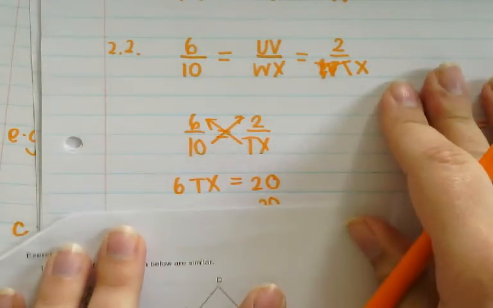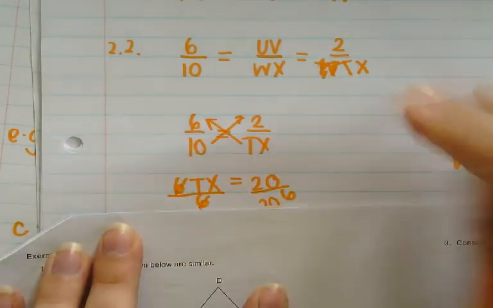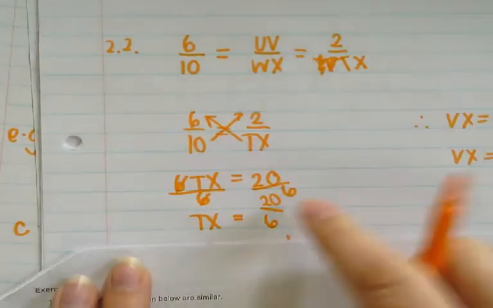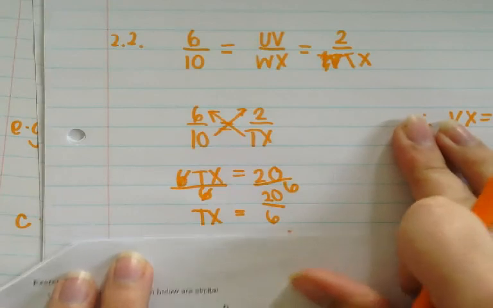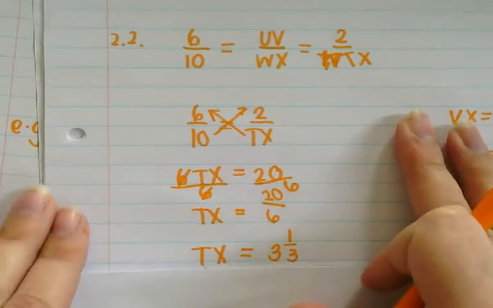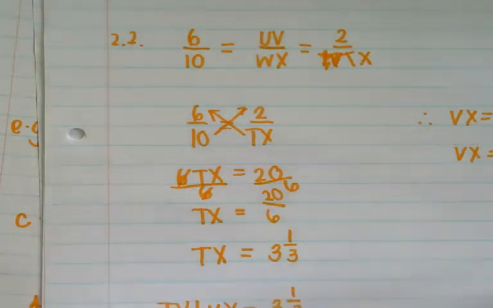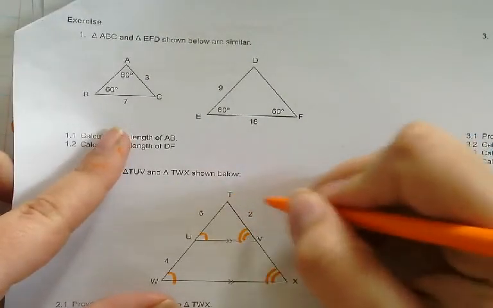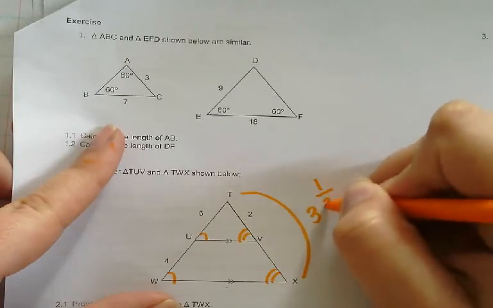So dividing both sides by 6, which I forgot to write. 6 is cancelled, leaving me TX, but then I'm going to get this weird 20 over 6. And I just simplified it according to my calculator, 3 1/3. So that is the value of TX, the whole side of that triangle. So from T to X, the whole side is 3 1/3.